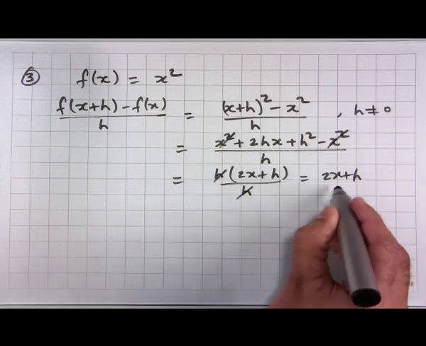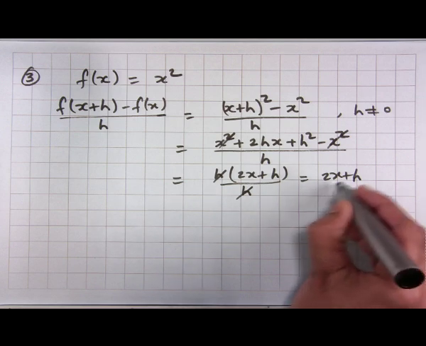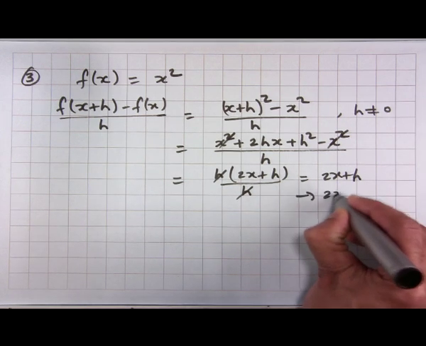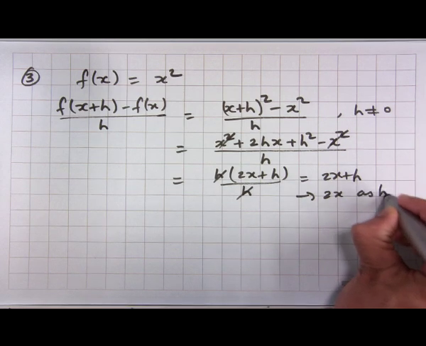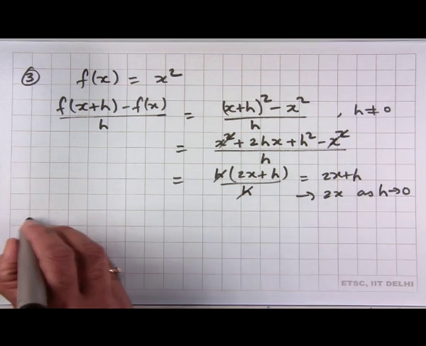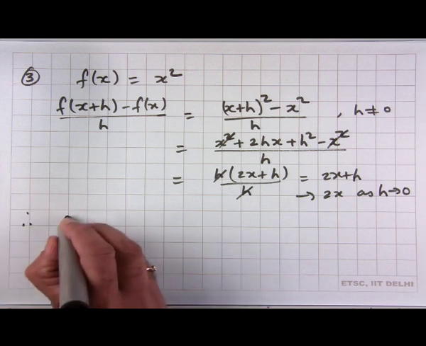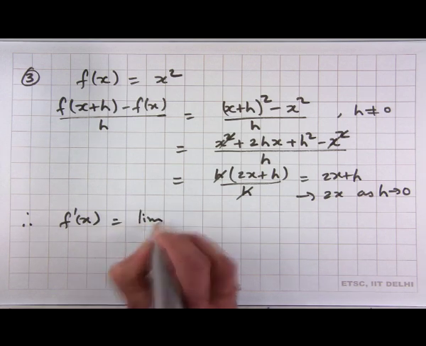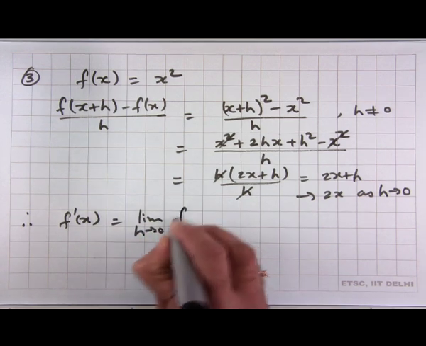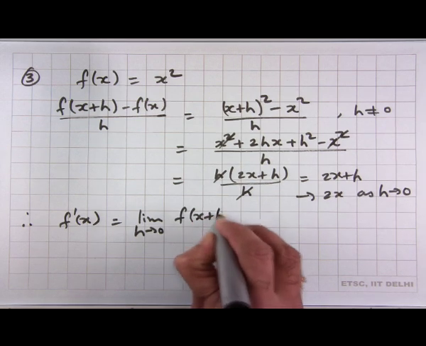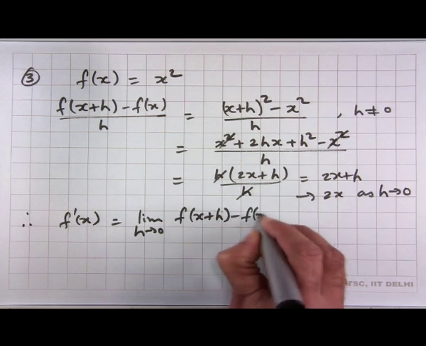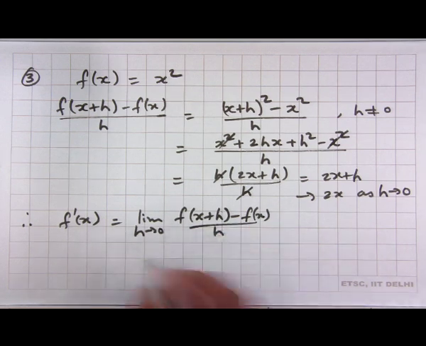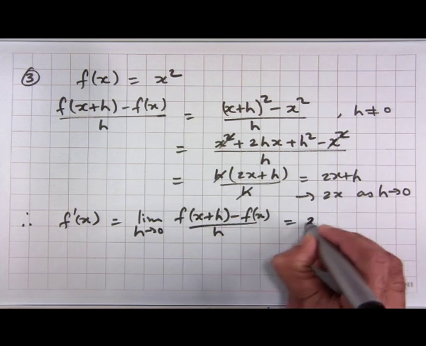Now, we see that this goes to 2x as h goes to 0. So, therefore, f prime x, which is the limit of h going to 0 of f of x plus h minus f of x over h, is equal to 2x.